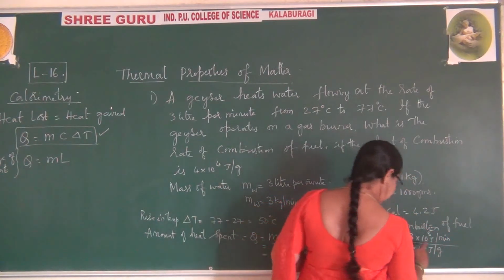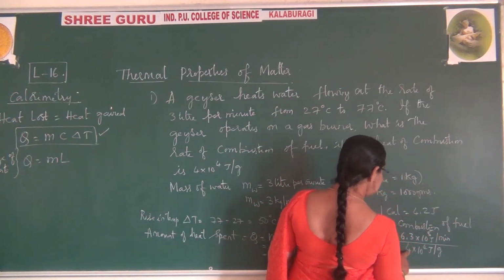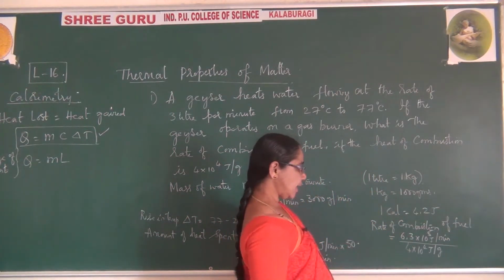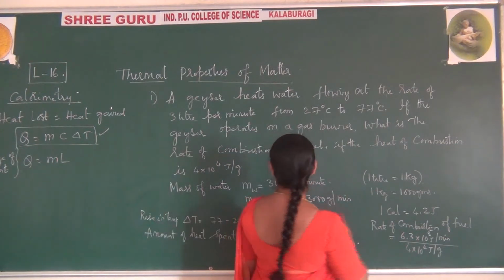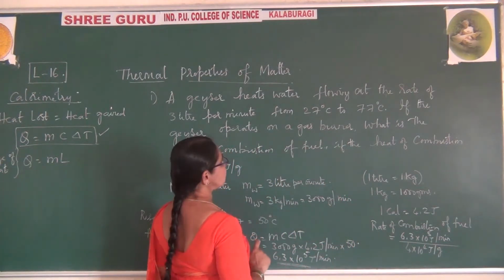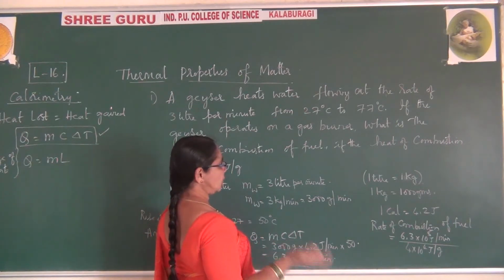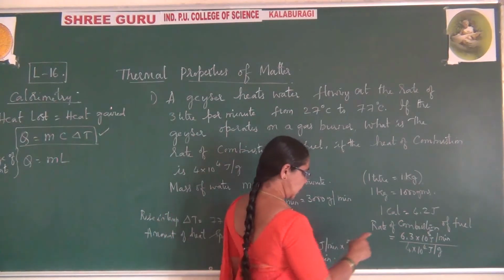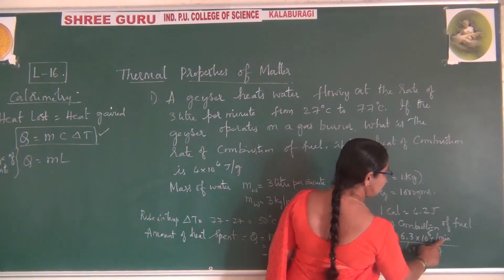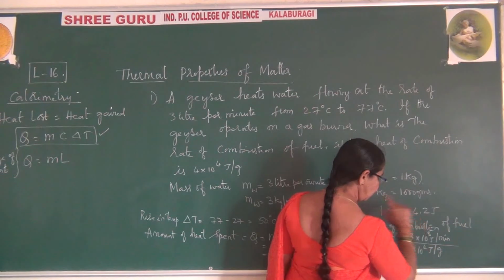So remember, the rate of combustion is this one. You have to calculate with respect to time. So you are calculating with respect to time, meaning whatever heat combustion is given by the geyser, what is the rate of combustion of the fuel we are using here? Here joules is there and minute is left out, grams will be taken to the numerator.